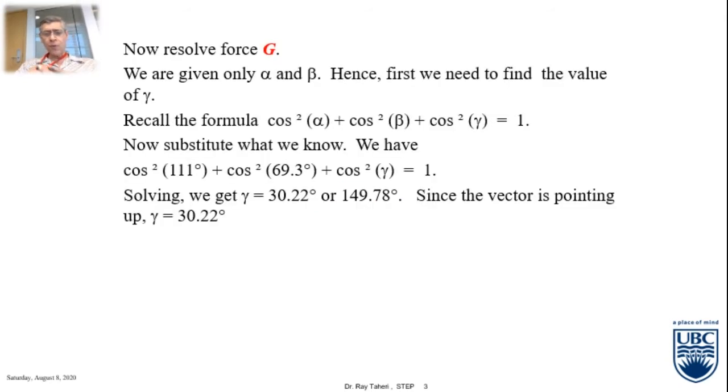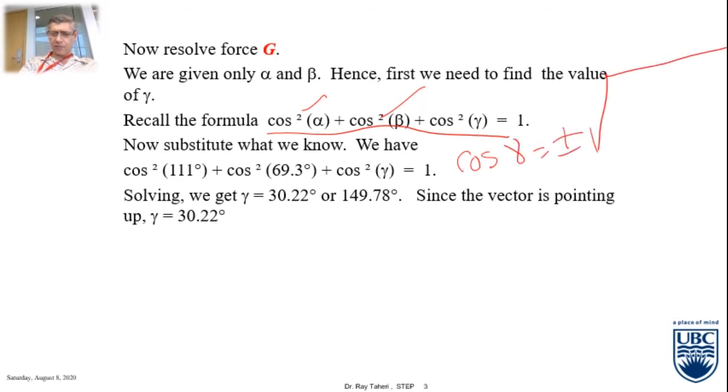Well, first of all, let's calculate the angle gamma. Gamma is the angle that it makes with positive z. We know this formula, and we have this and this term, so simply we can calculate. So cosine gamma is equal to positive or negative the square root of 1 minus cosine alpha squared plus cosine beta squared.